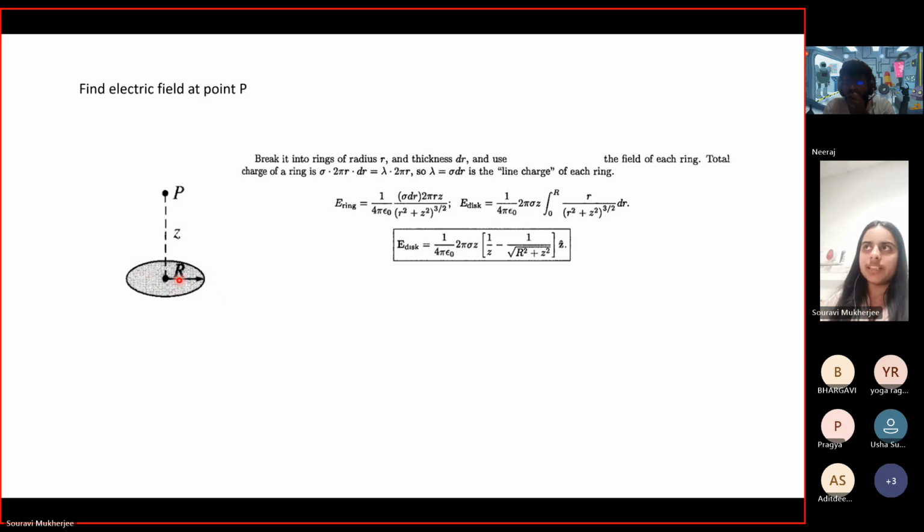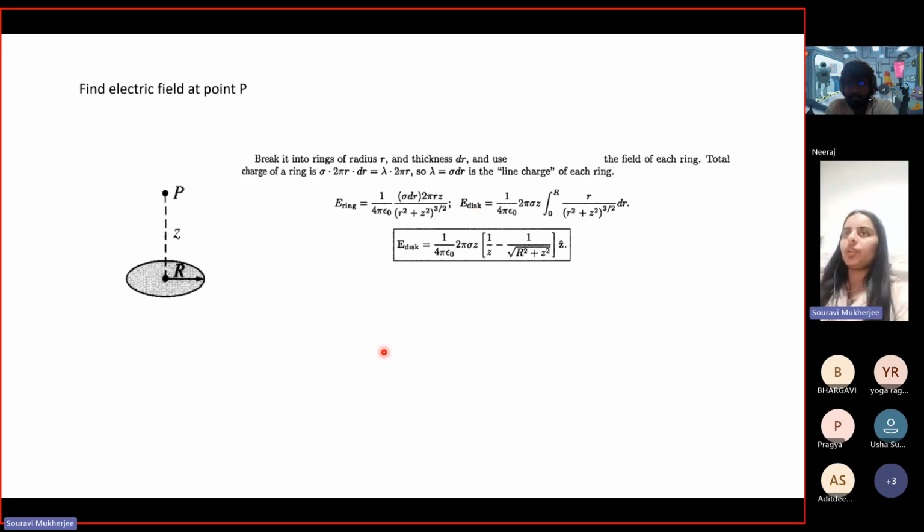Finally, you do an integration from 0 to r because your radius is continuously varying, and you have the small ring elements. You find the field for each of these ring elements similar to what we did in the last question, and integrate over the different varying values of r, that is your radius, to find the field for the disk. So that's how this works.